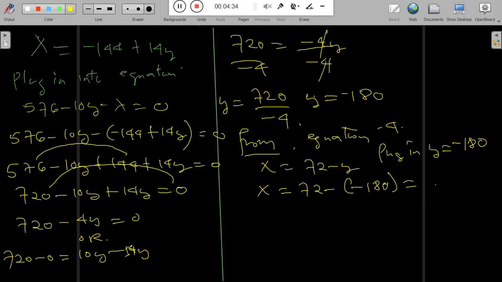So the value of x would be equal to 72 minus negative 180, that is positive 180. That will give you 252.